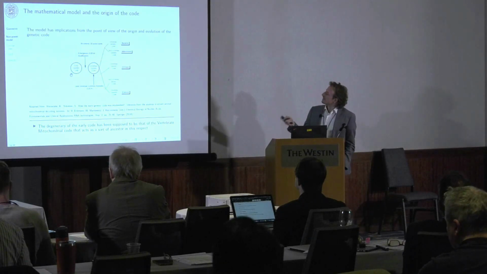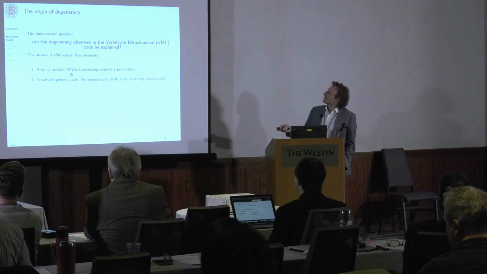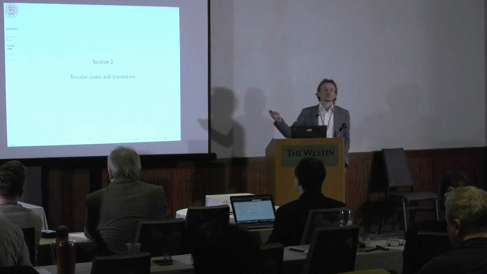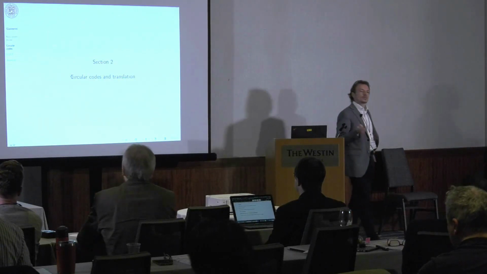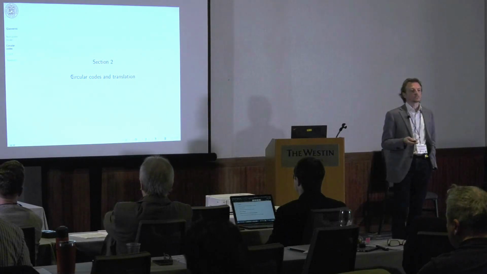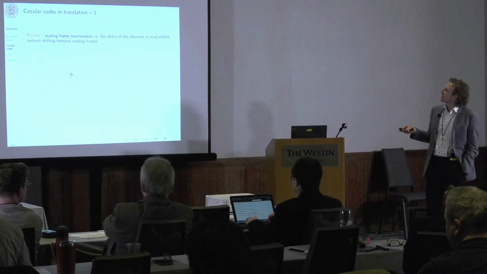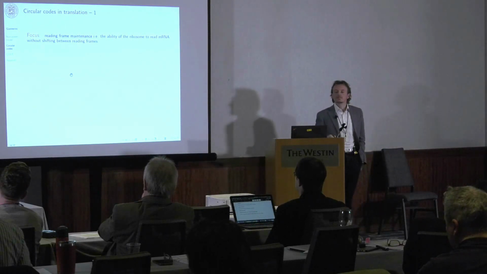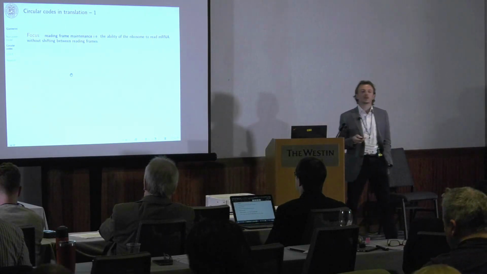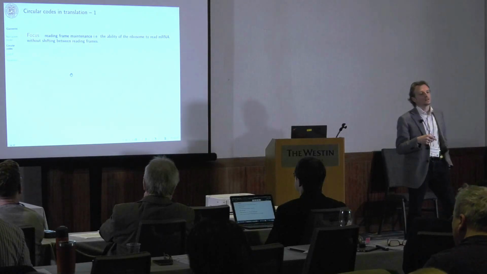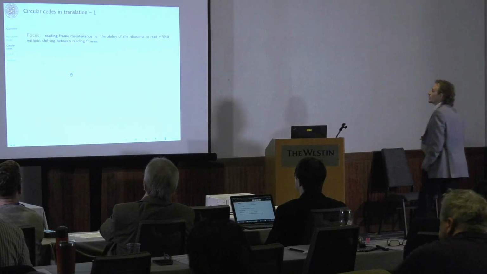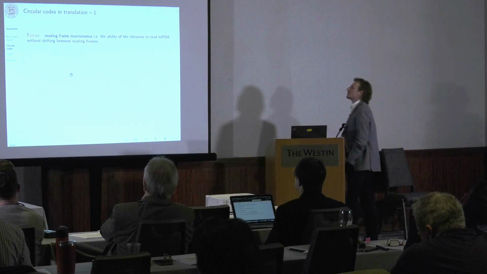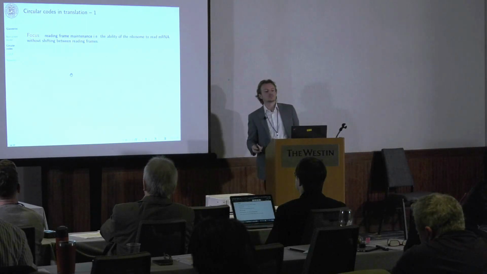I'm skipping this. Let's focus on this. The second connected topic is circular codes and translation. The focus is reading frame maintenance, that is, the ability of the ribosome to read the messenger RNA without incurring frame shifting errors.